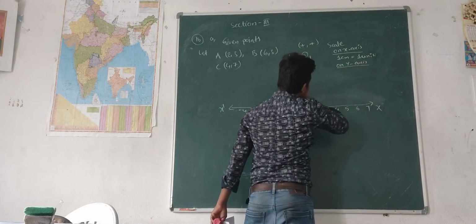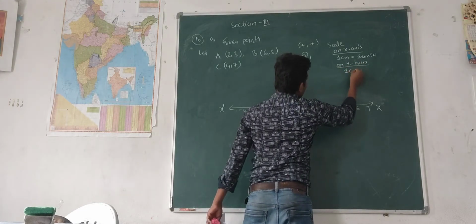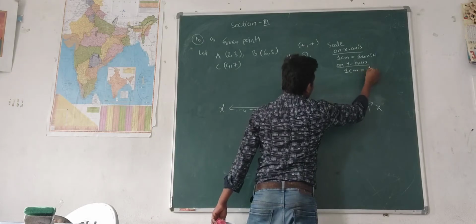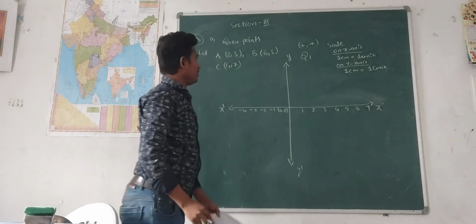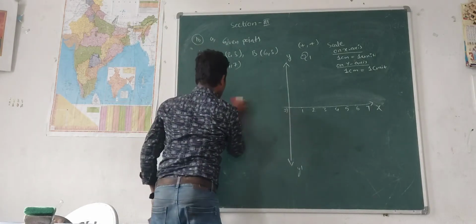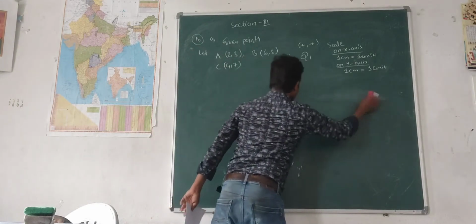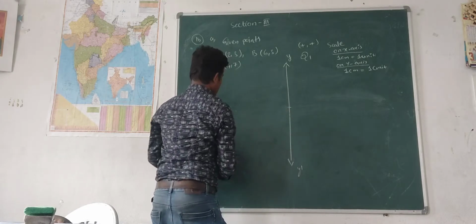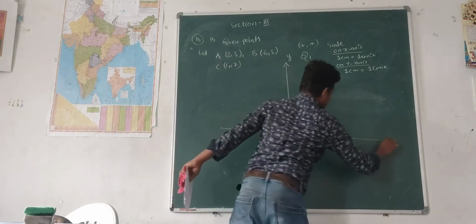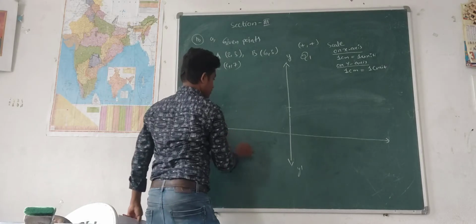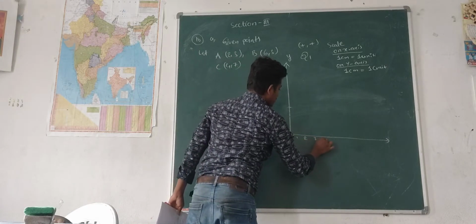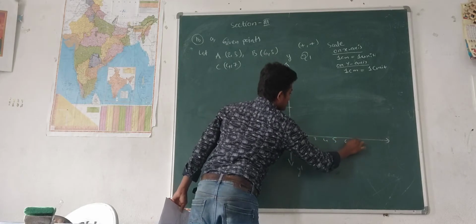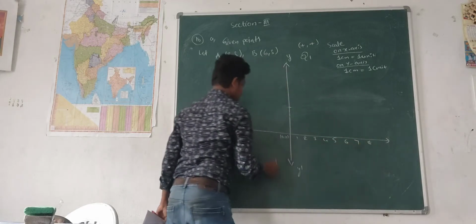On the y axis also I am taking 1 centimeter equals 1 unit. Just making small changes. One, two, three, four, five, 6, 7 and 8.